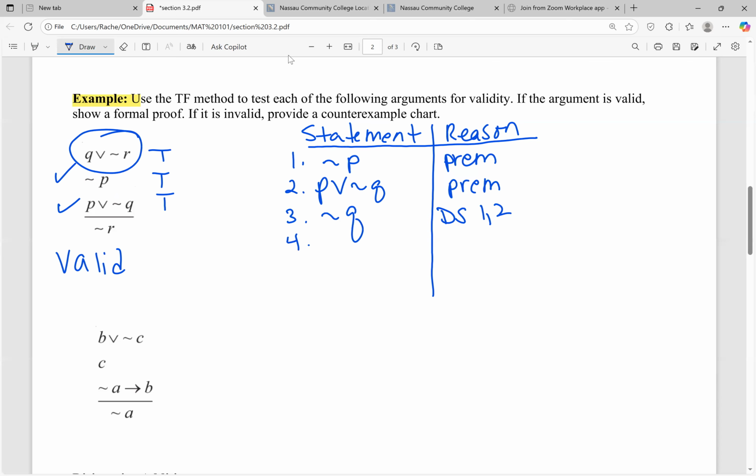The only one that we have left is Q or not R, right? So it's a premise. And we're trying to show not R is true, the conclusion. And look, I have another or statement, a disjunction. The left-hand side is Q, and the premise before it is not Q, right? So if I put those two together, I have the disjunctive syllogism again that I could apply. So my conclusion is going to be not R based on the disjunctive syllogism for statements 3 and 4. And we just showed that the argument's valid.